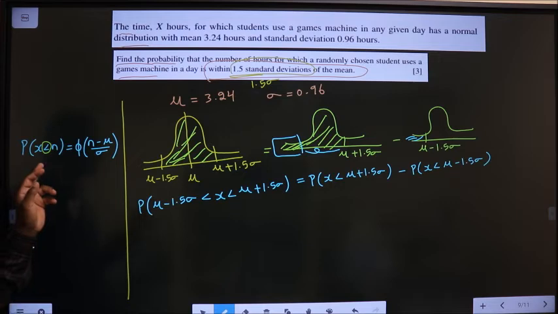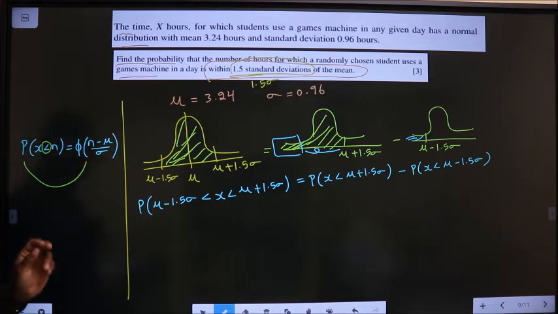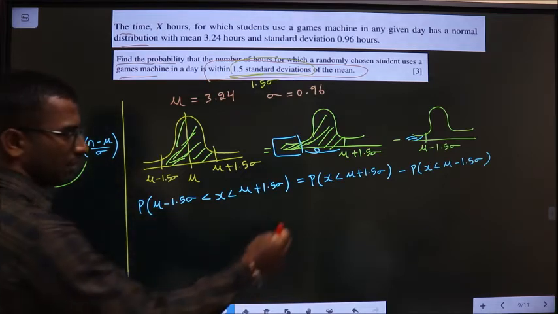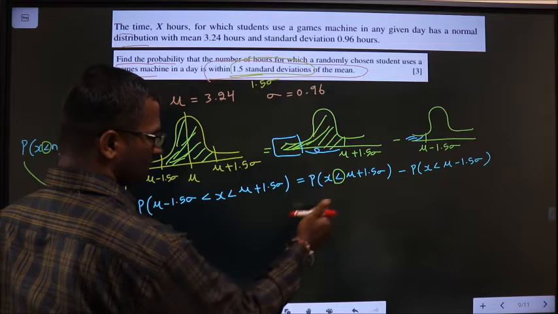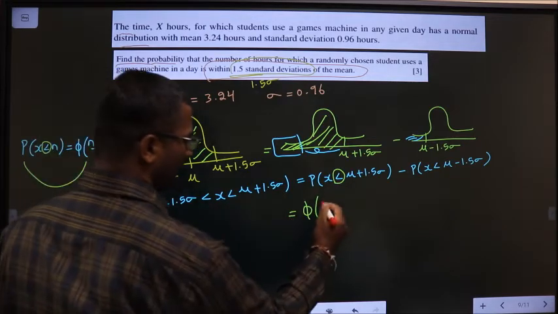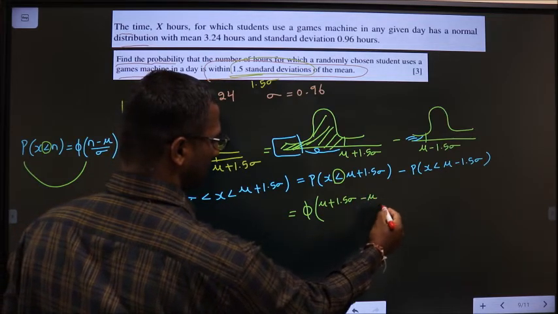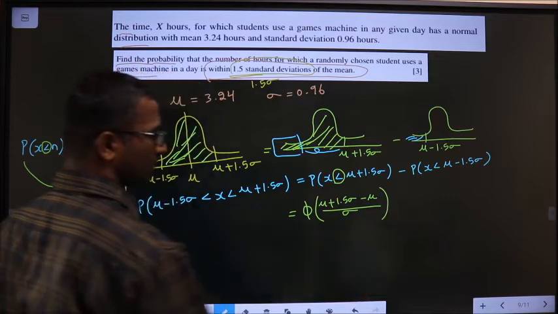Here it has to be less than. Whenever it is less than, only then P will get converted to phi. Clear? Now see here. Here the symbol is less than. So P will get converted to phi of (mu plus 1.5 standard deviation minus mean) by standard deviation.